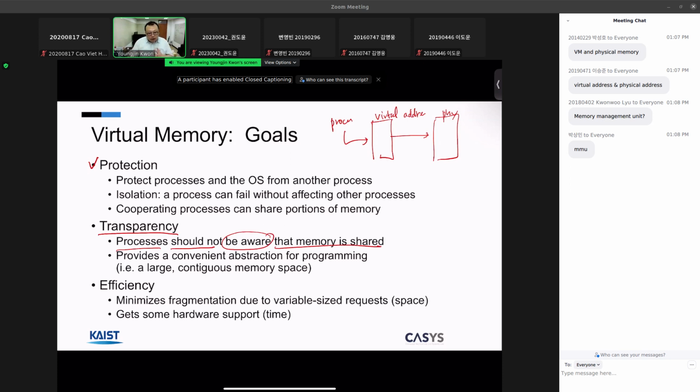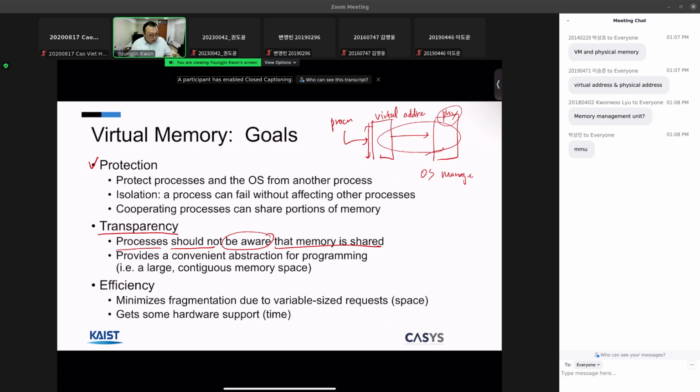So the process cannot be aware of what happens in the virtual to physical memory mapping. What the process can see is a contiguous space of virtual addresses. That's it, and it doesn't care about what happens here. This is OS managed.